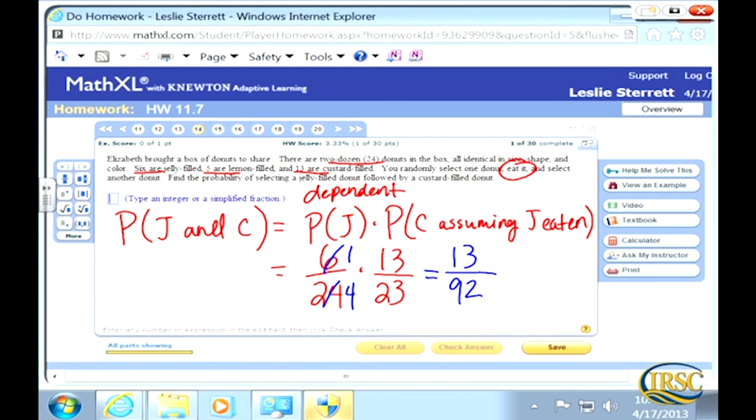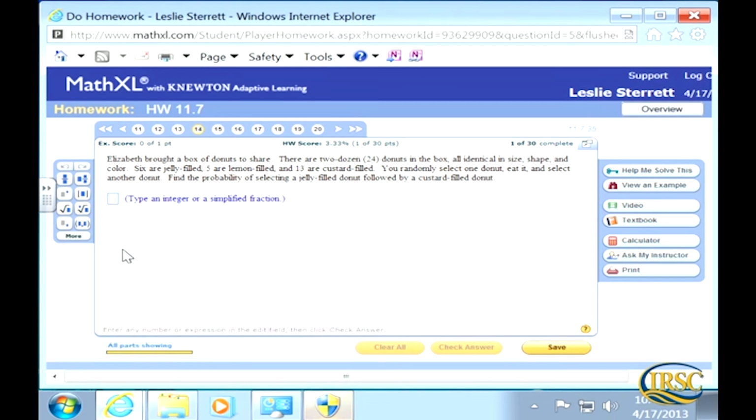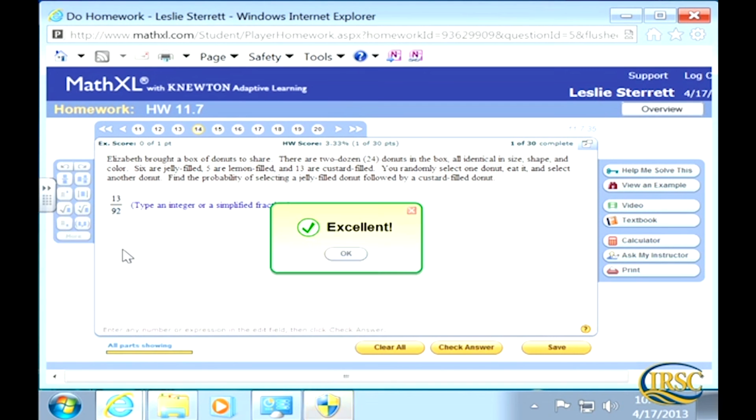Okay. All right, so 13 over 92 is your probability of selecting a jelly, eating it, and then selecting a custard. Any questions on the difference between independent and dependent events? All right, and then let's look at a conditional probability. So that is 13 over 92.